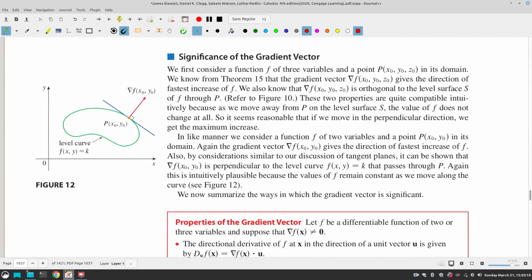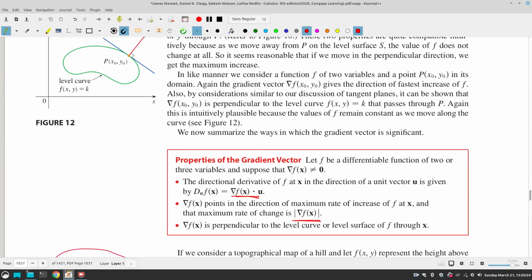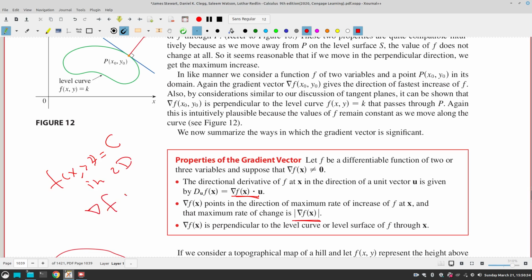It just gives you the significance of the gradient vector. You can also show that if you have a curve given by f of x, y equal to constant in 2 dimensions, then del f is normal to it always.